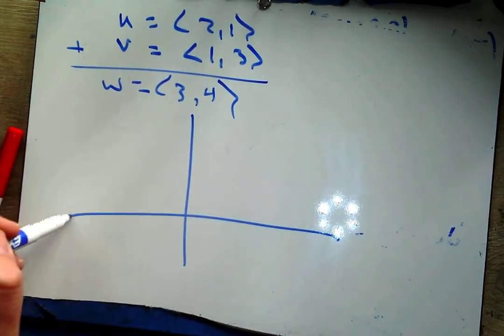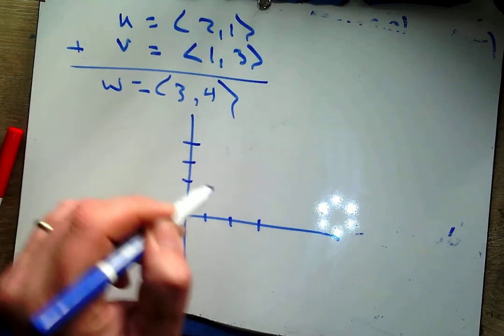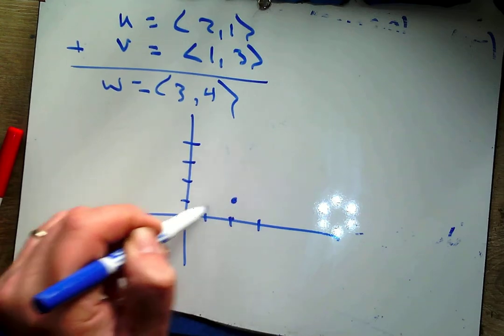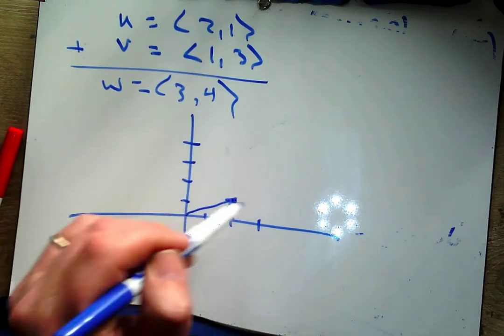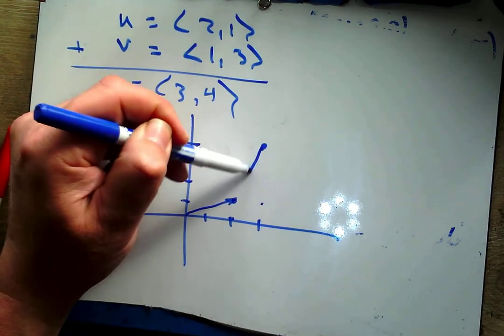Okay, so I'm going to draw U. U goes over 2 and up 1. And when I get to the end of U, I'm going to draw a V. V goes over 1 and up 3.